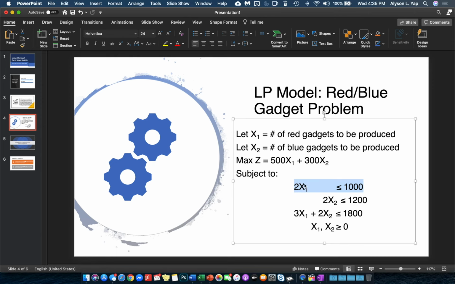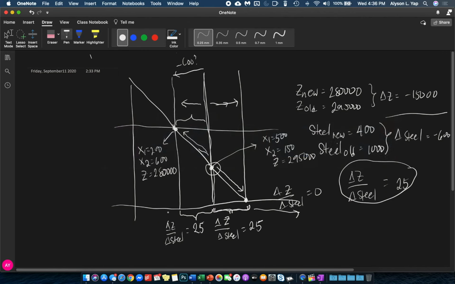And because this is 400, we can actually reduce this 1,000 down by 600 or down to a value, or a right hand side of 400. That means the shift from this line to this line is actually a reduction in steel by 600.